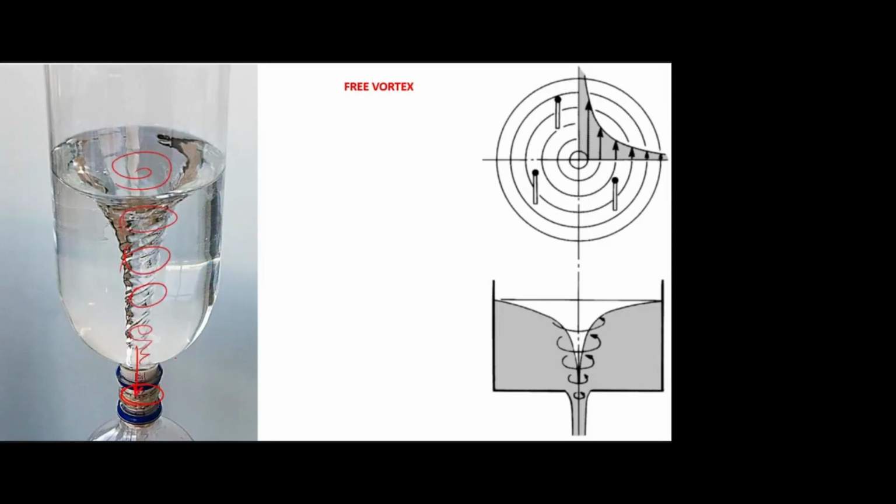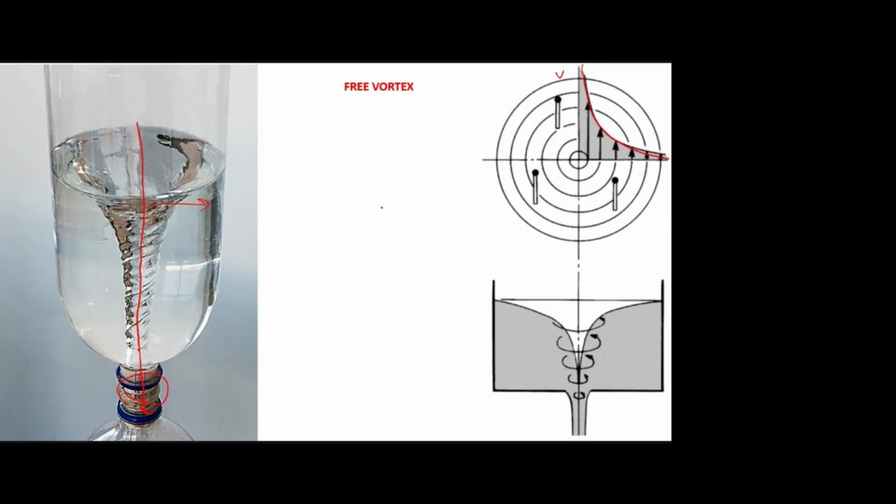It is called free vortex because no external force is applied. It is just formed due to the natural force, that is gravity. Due to the gravity, the water is pulled out. So the velocity is maximum in the center, and it will decrease towards the edges. If you draw the velocity profile, it is maximum in the center, and it decreases towards the edges.